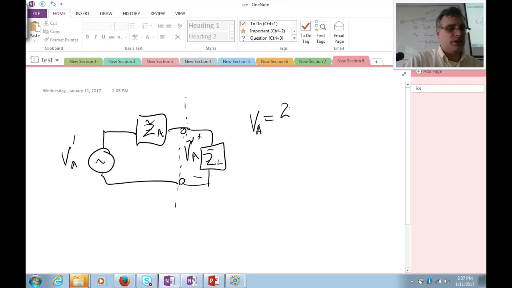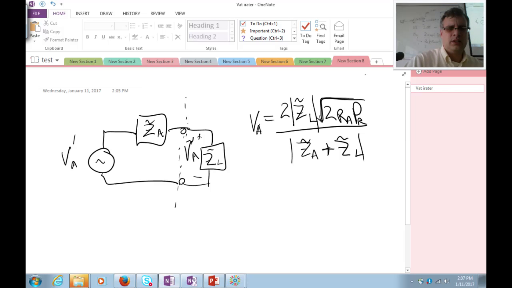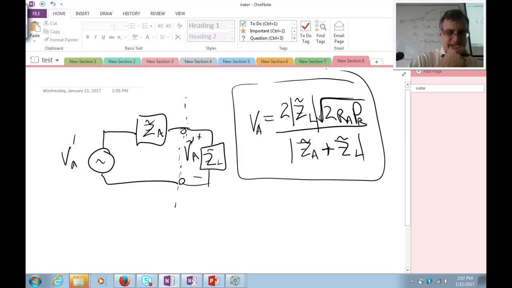Well, if you work through circuit theory, you can find that this is 2 times the magnitude of the complex load times the square root of 2 RA PR, divided by the magnitude of ZA plus ZL. So put that in your notes because we'll come back to that one in a second. In fact, we'll work a little problem to illustrate something, a useful result.